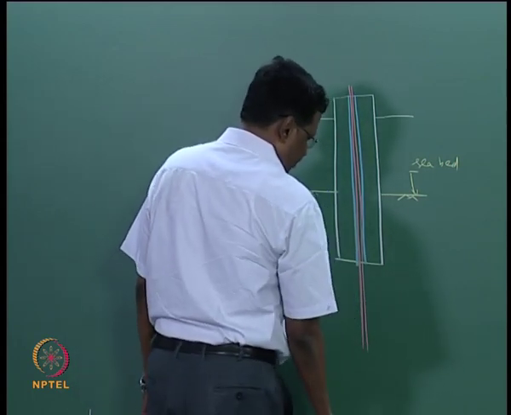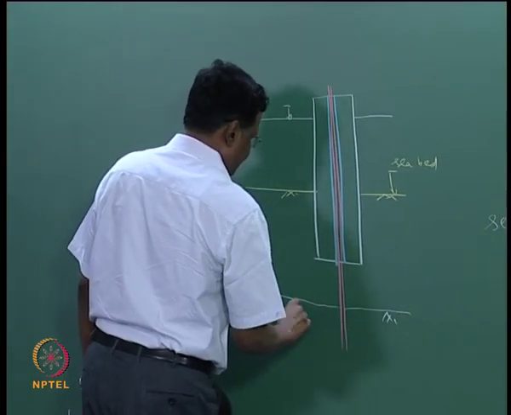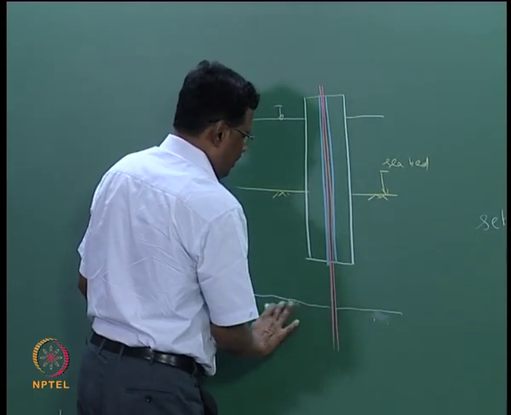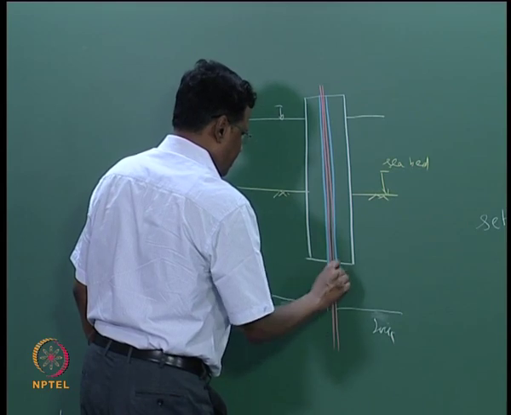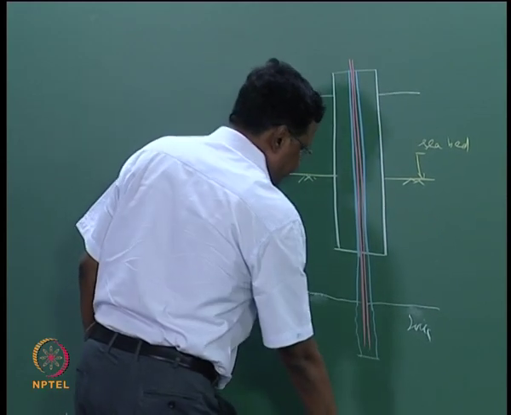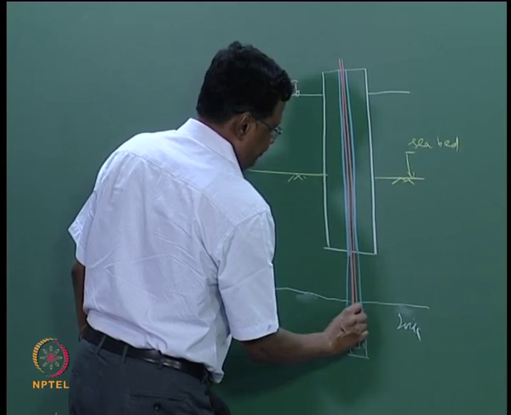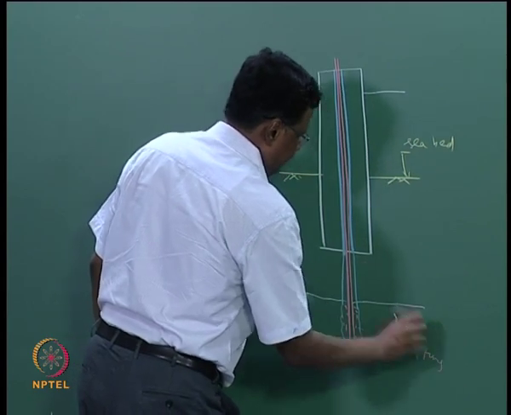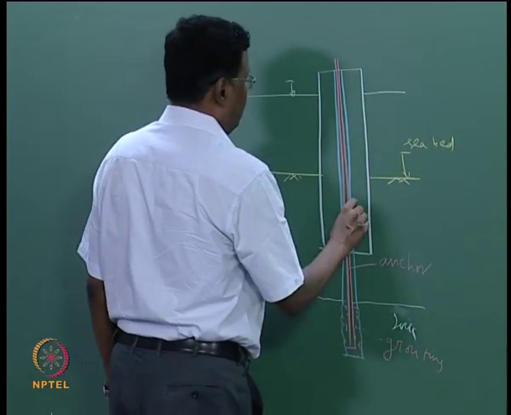Suppose this layer is a rock, let us say. So the anchor goes like this, then we will penetrate through the rock, there will not be any tube, and then we will be grouting this portion. So this is grouting, this is your anchor, this is your hole.